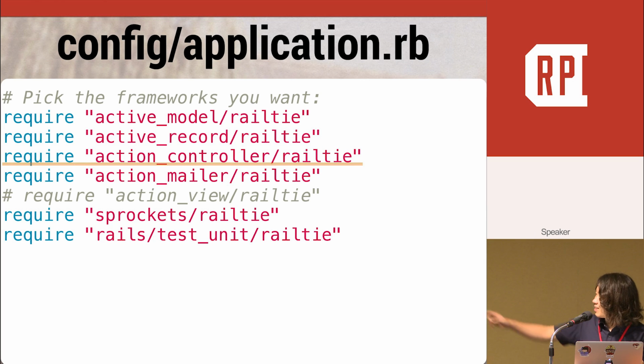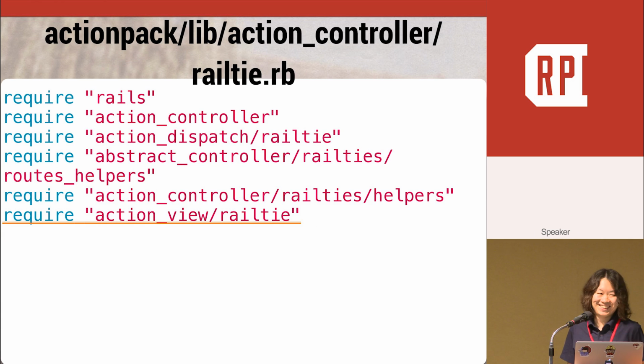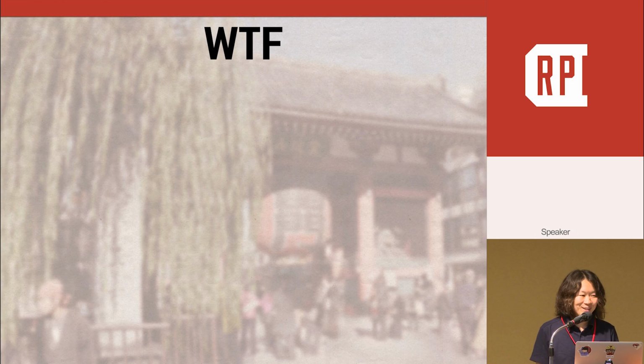But the reason is that here, two lines above, it requires action_controller/railtie. And inside action_controller/railtie, it requires action_view/railtie. Apparently, this should be a bug, right?